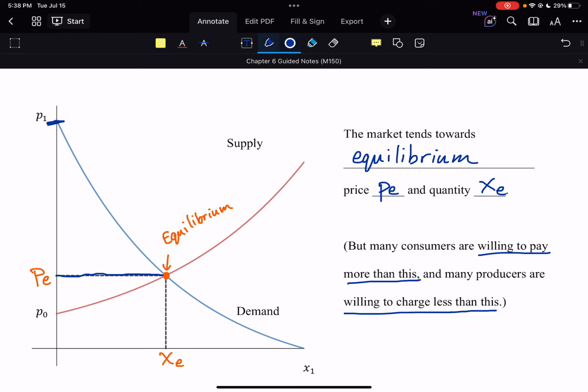If you compile this for all consumers, there are many, many people who would have paid these higher prices up here. They have now saved money. We could say gained money by not spending it. They have created a surplus for themselves. So all of this extra money is being saved by the consumer. That is what we call consumer surplus.